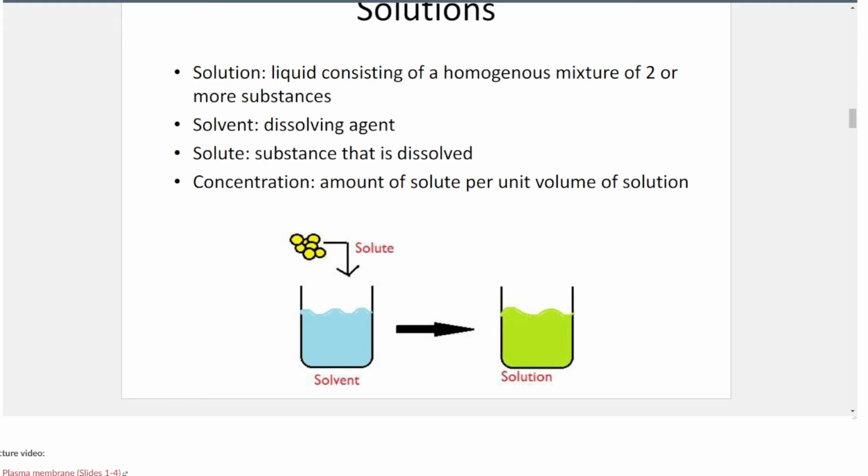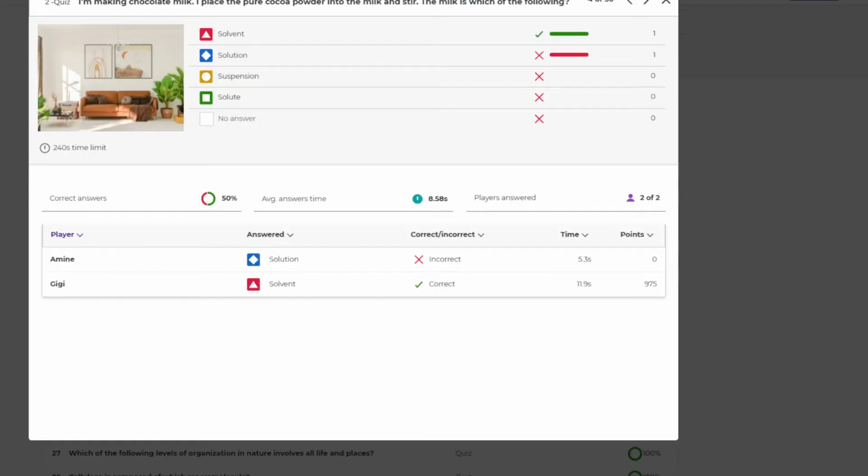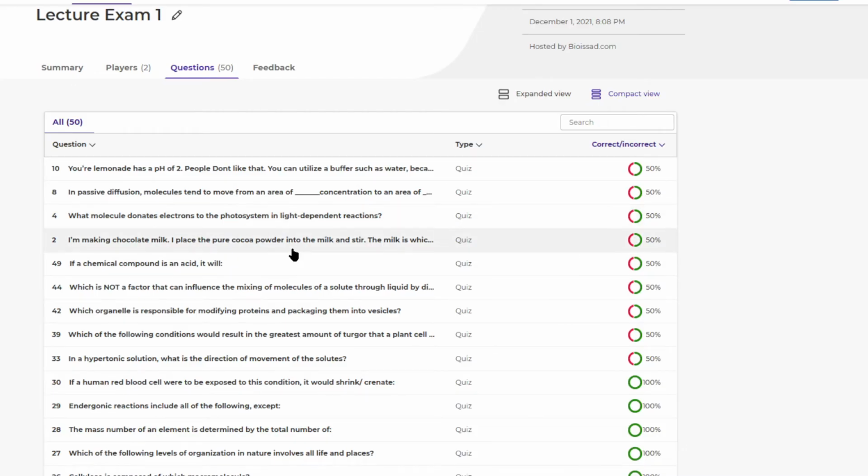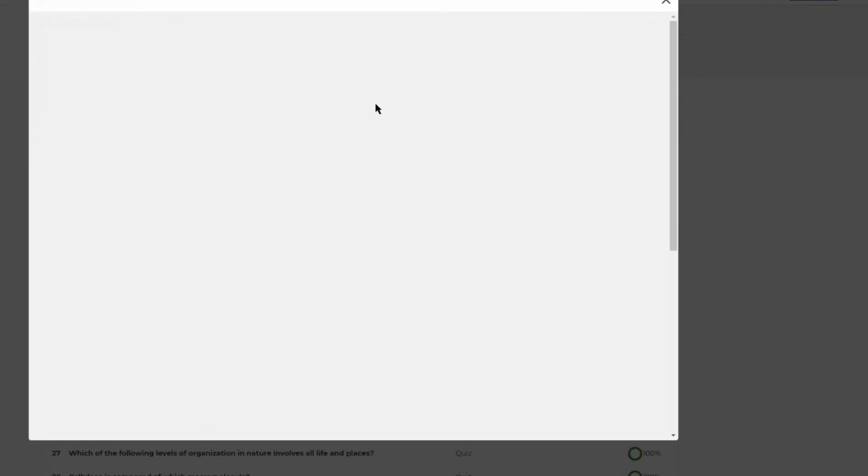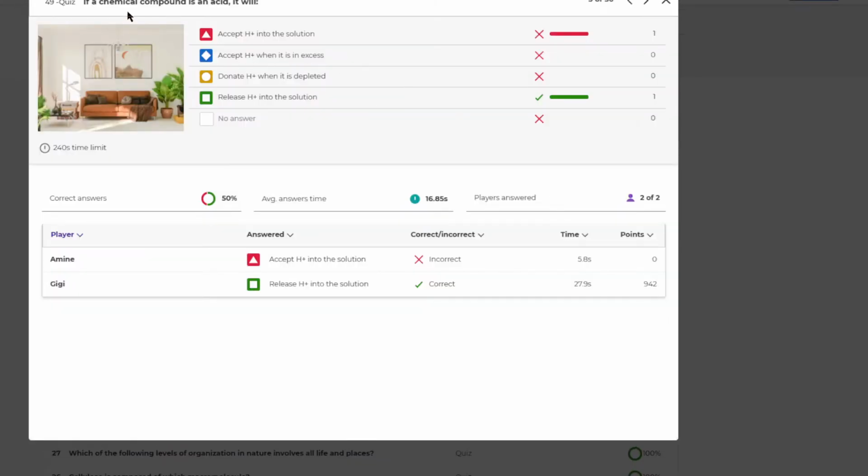Next question we have. How long has it been? Oh, it's only been 8 minutes, and we're halfway here. This next one describes, if a chemical compound is an acid, it will... I got this one wrong. Accept H+ into the solution.